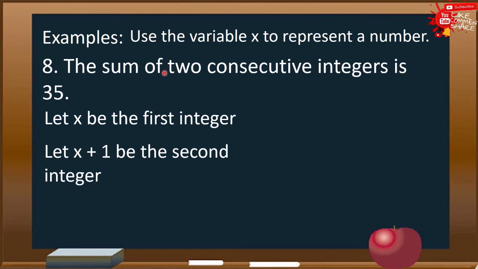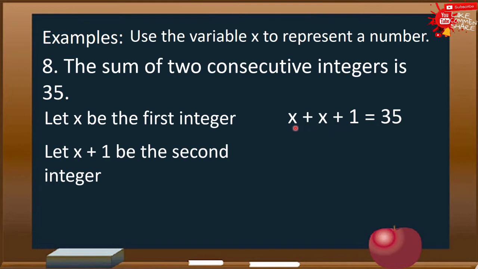Then it says here that the sum of two consecutive integers is 35. So if we're going to represent it in mathematical sentence, we will have the plus sign because of the word sum. Then we have the first integer which is x, then plus the second integer which is x plus 1.